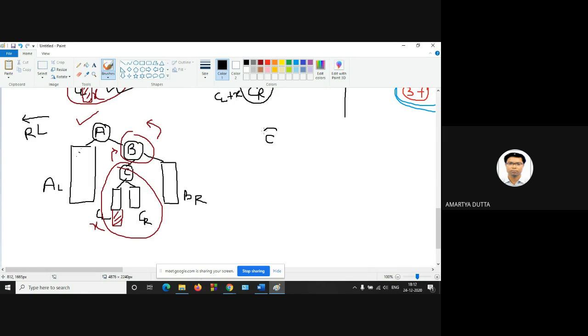If C is the root, then left of C is A, and next, right of C is B. This is your AL, and this is your BR, and this is the CR.